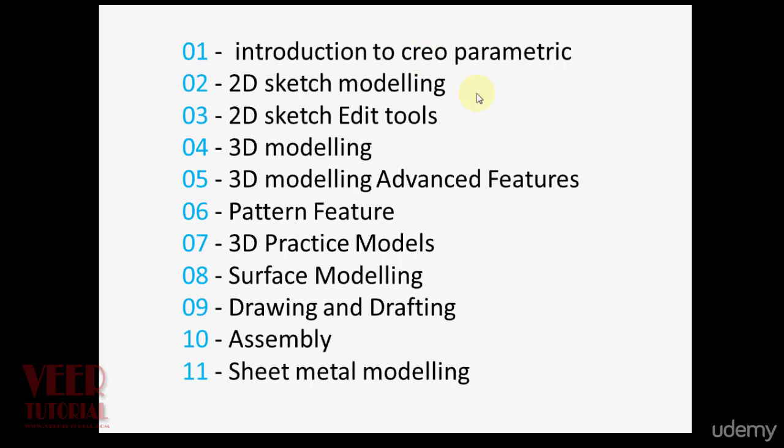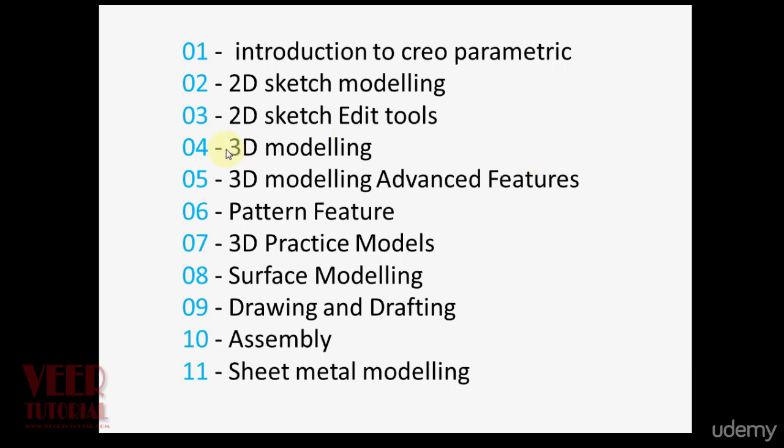Then we have 2D sketch modeling, in which we will try to draw some basic 2D sketches. Then in the third chapter we have advanced features of the 2D sketch like editing tools in the 2D. Then we will try to create some practice models in 2D.